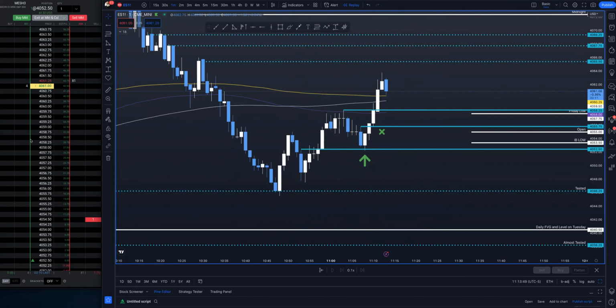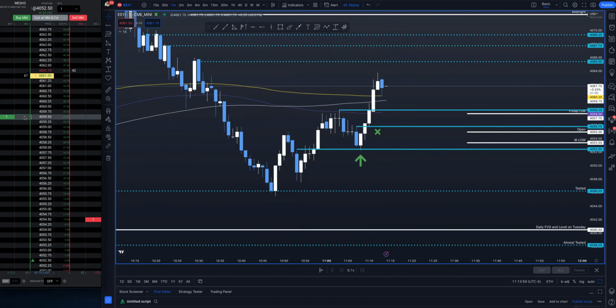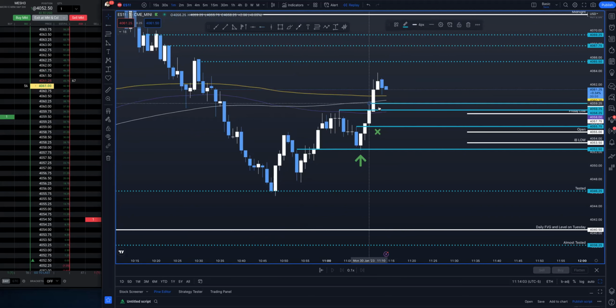And now I'm going to add at 59.50 if it gets there. Yeah, 59.50 I'll add, and then I'll put an appropriate stop loss for both of them wherever they average out.